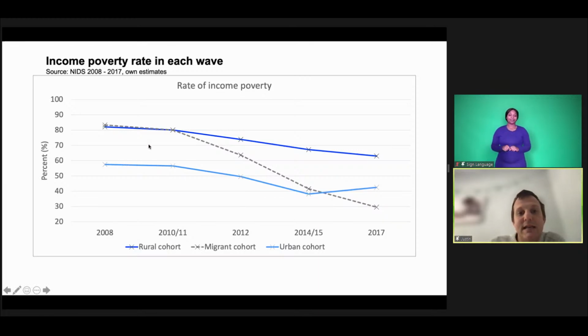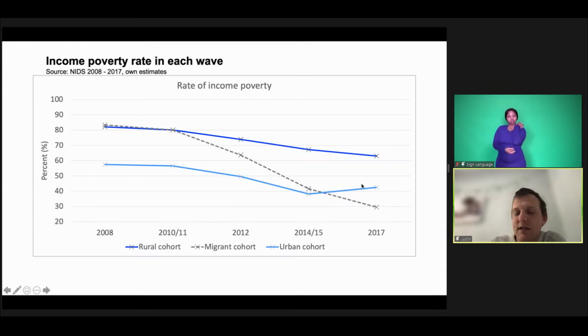And you can see that this gap between urban and rural areas remains throughout the whole period, but people who were rural and then moved to become urban, by the end of the period, you can see that their poverty rate drops and then equalizes.